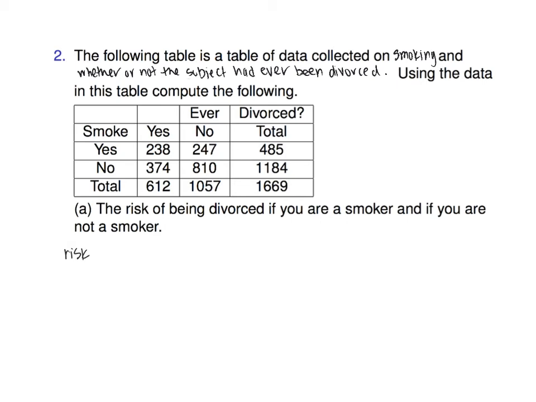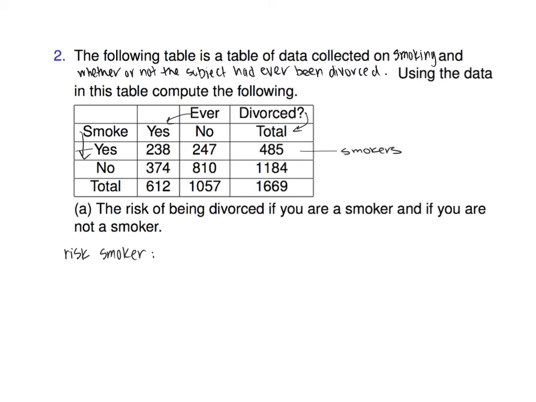So the risk for a smoker of getting a divorce is computed by figuring out how many smokers have been divorced. So here, I know it's a bit confusing, but this is referring to those things, and this is referring to these things. So if you're a smoker, you live in row number 1.